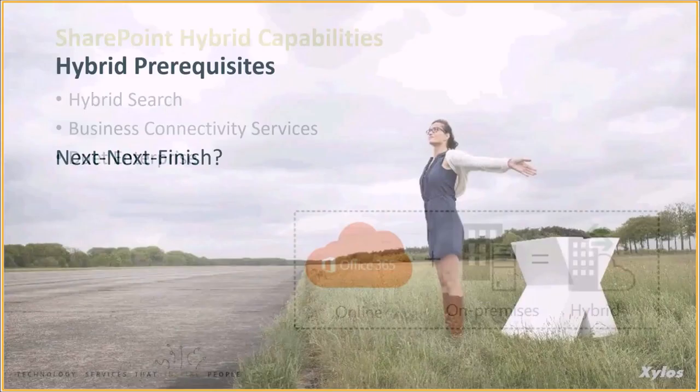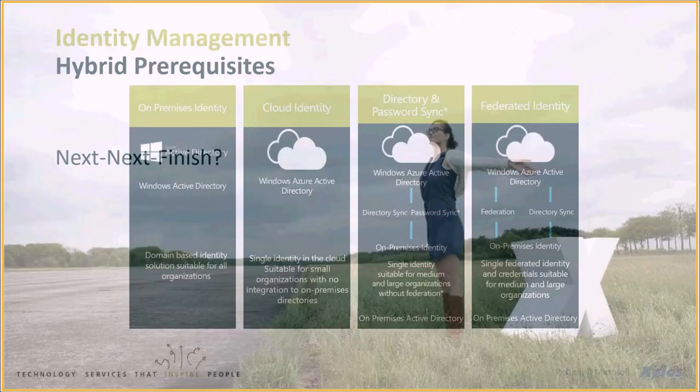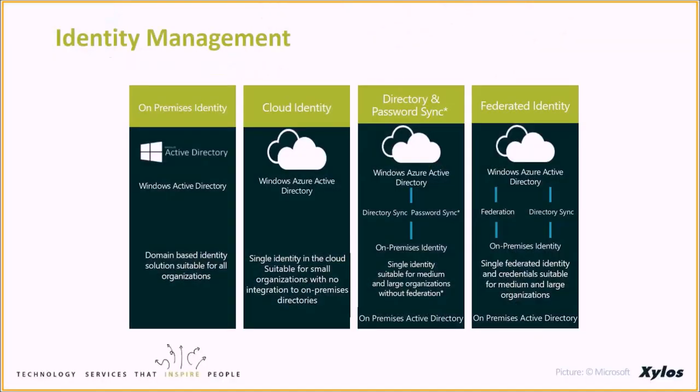Okay, so what do you need to run a SharePoint hybrid environment? The prerequisites are more or less the same for every scenario that I'm going to talk about today. And the basics, the most important thing is, of course, identity management. If you're embarking on a SharePoint cloud journey, or you're installing or configuring Office 365, identity management is always very, very important.